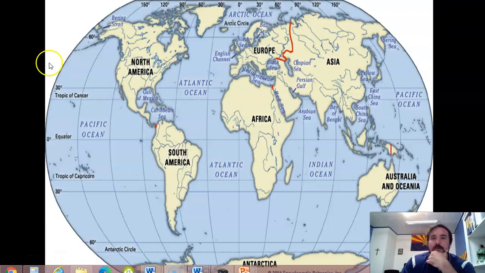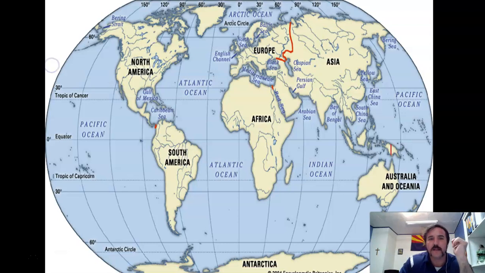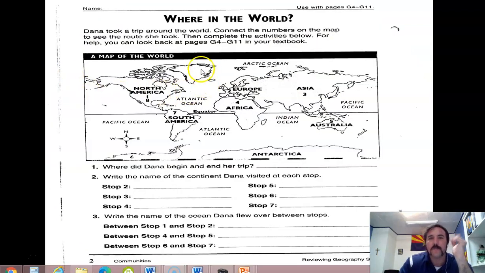Your assignment is really just to introduce you to the 7 continents and the 4 oceans we're going to focus on. Tomorrow's assignment is also going to reiterate that, just to nail them down. Here's your assignment. Page G5 is going to help you out. This is your communities book.